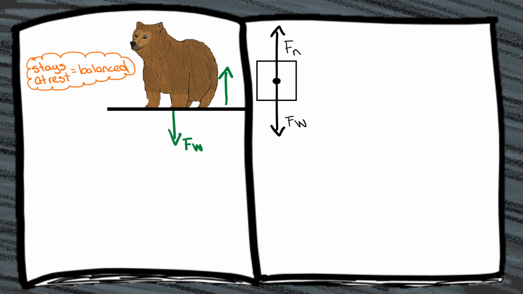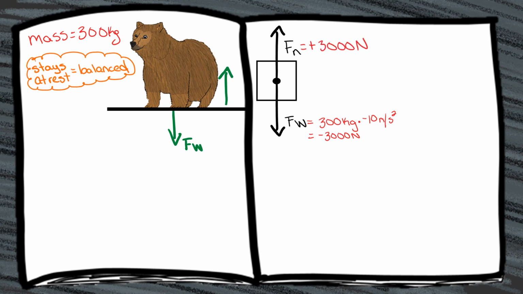For instance, let's say that the bear's mass is 300 kilograms. What would be the force weight? Right again, Alex, the bear's force weight can be calculated based on its mass times acceleration due to gravity, which in this case would be about 3,000 newtons if we round gravity to 10 meters per second squared. So in this case, since we know that the bear is at rest, meaning the forces are balanced, what would be the normal force?